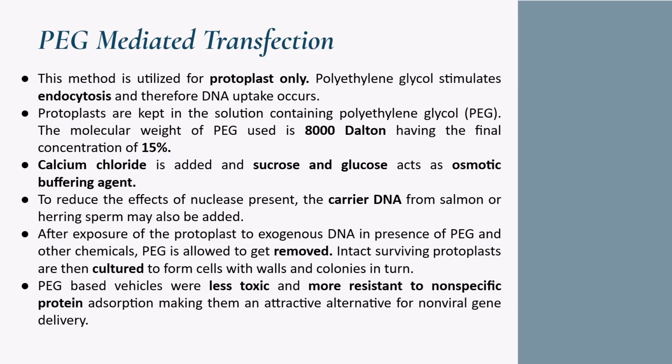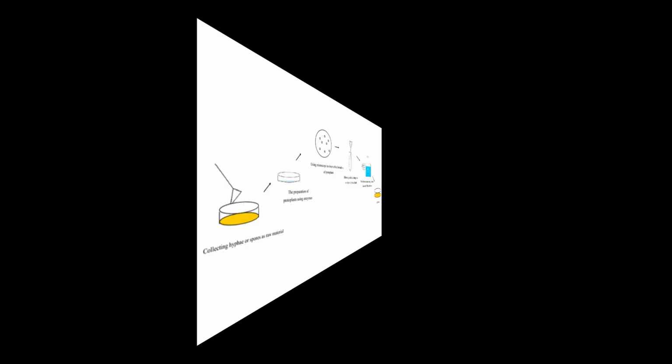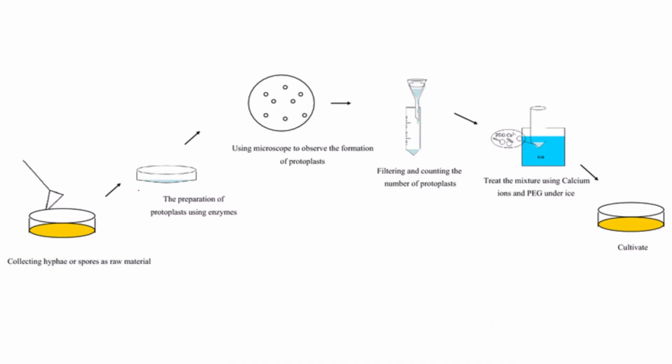Then PEG mediated transfection. So here what happens is that we collect the hyphae or whatever, then prepare the protoplast using enzymes, then we do the cell counting and take the required number of protoplasts. Then we treat it with calcium ions and PEG under ice.